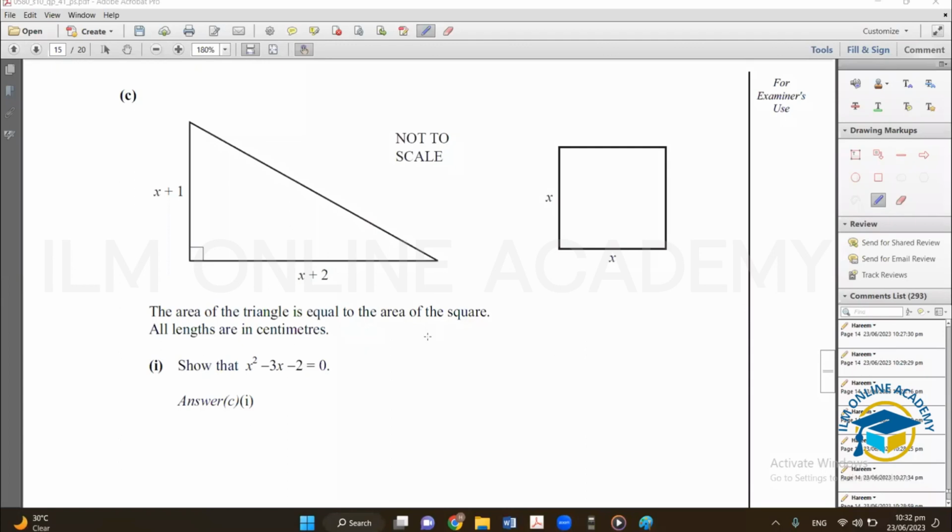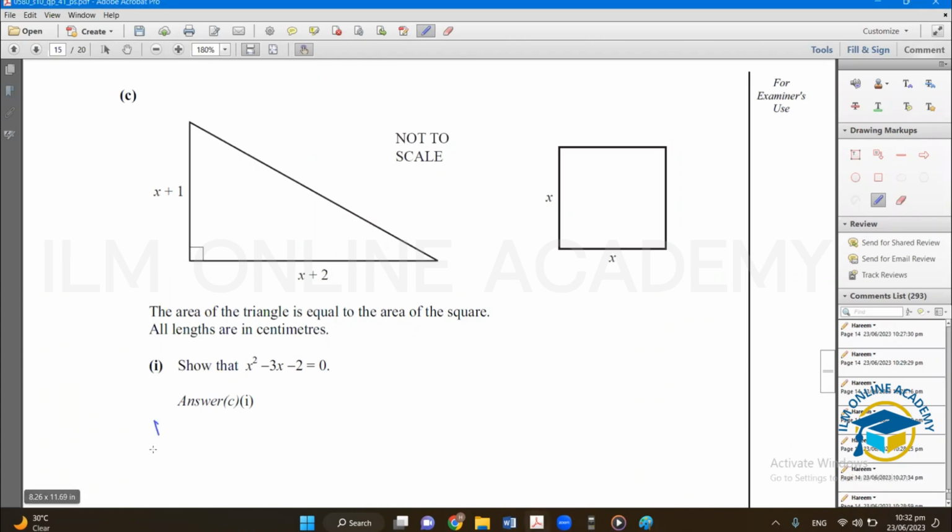So they are saying that the area of the triangle is equal to the area of the square. So the area of the triangle is 1 over 2 base into height, so x plus 1 and x plus 2 equals x into x, which is x square.